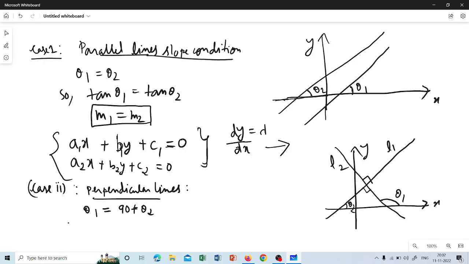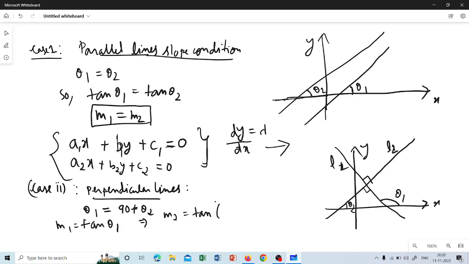If the slope of the first line, let me name it line 1 and this should be line 2 for convenience, because I took theta 1 here, so it should be 1. We should not get confused. So if I take tan theta 1, it is m1. Similarly, the slope of the second line, m2, is equal to tan of theta 2.